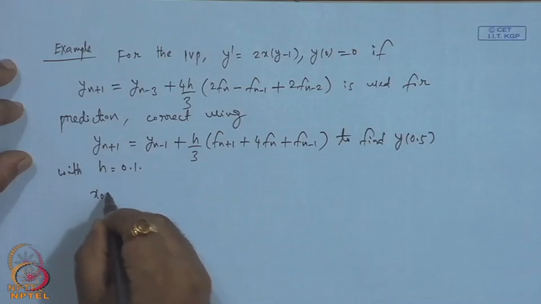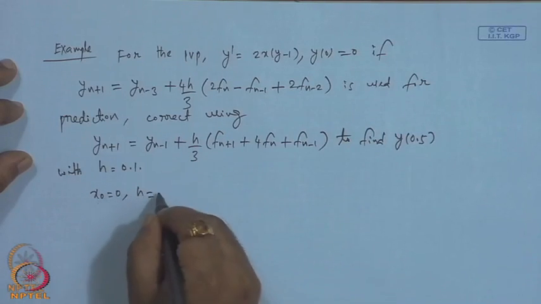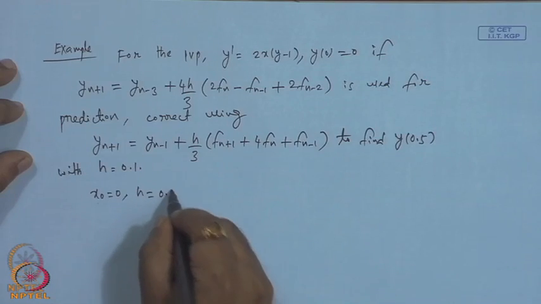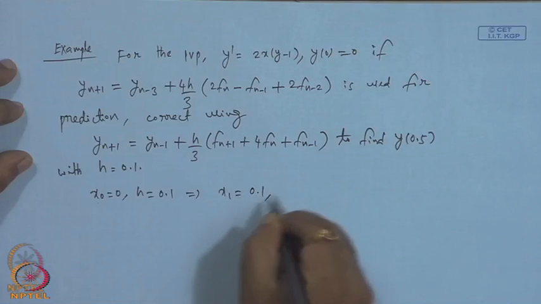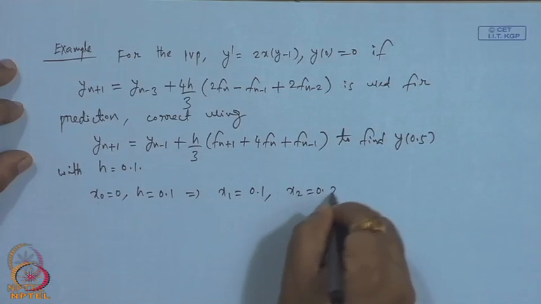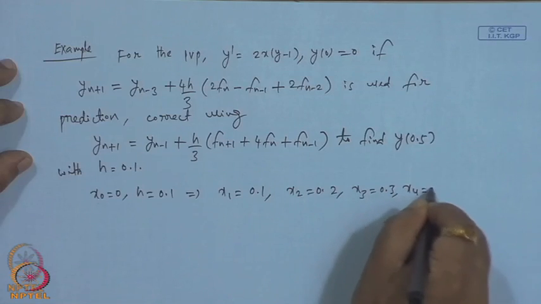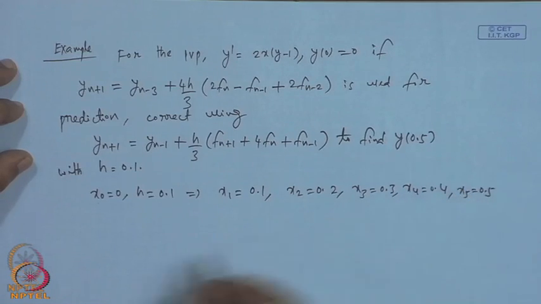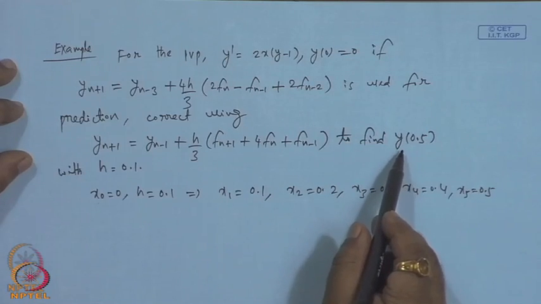What was our x 0, and with h as 0.1, this implies x 1 is 0.1, x 2 is 0.2, and it was asked to find y at 0.5.